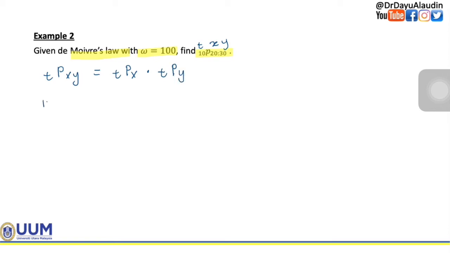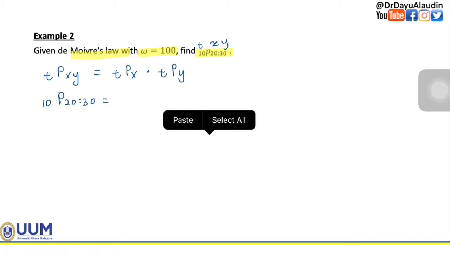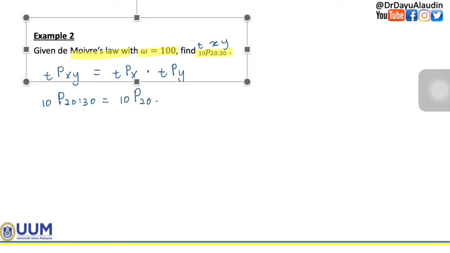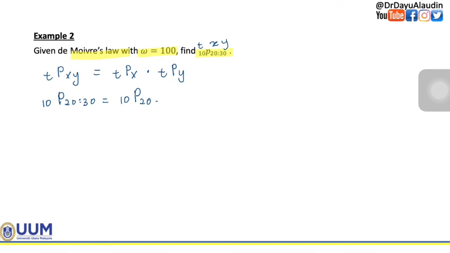So for 10P2030 is equal to 10P20 times 10P30.